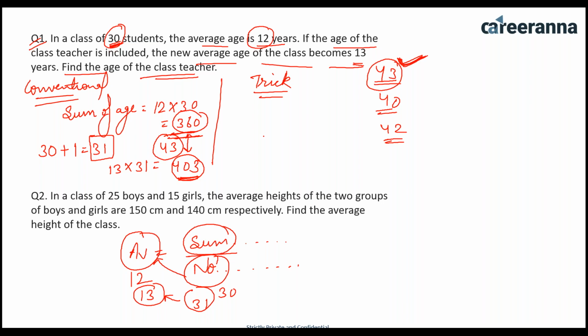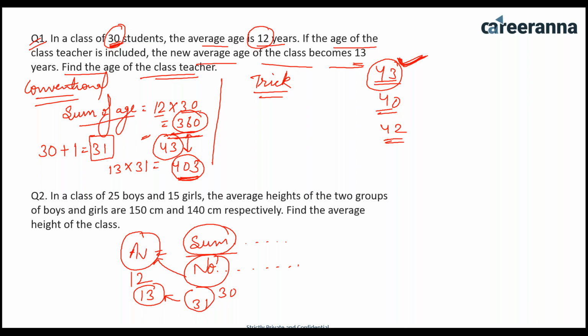Okay, cool. So let us learn a trick now. What I told you is that average is to divide everything equally. Okay, I'll explain it again. We have to find the sum of ages, which is 12 multiplied by 30.